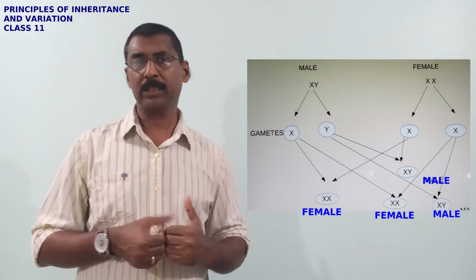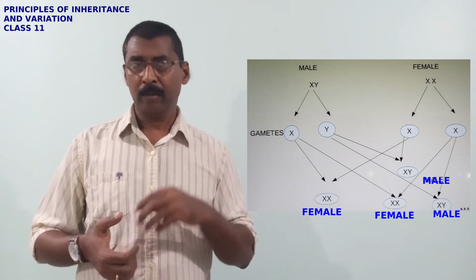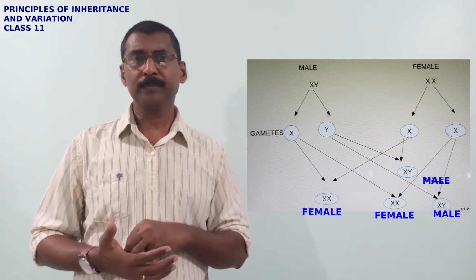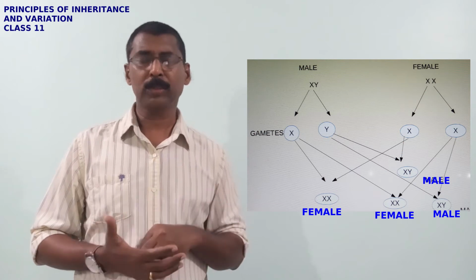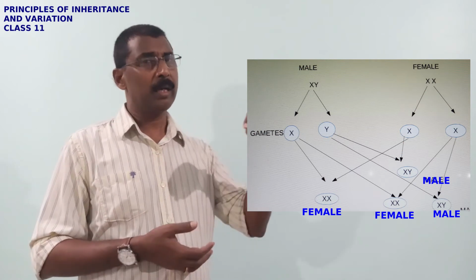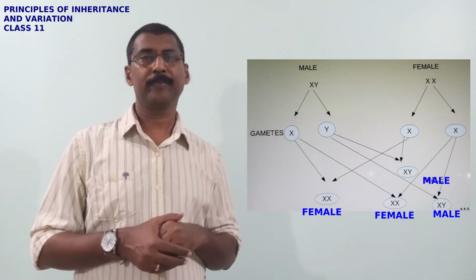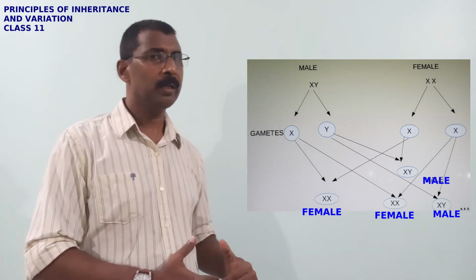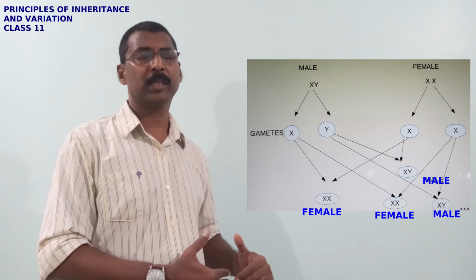And let us come to the fertilization. When an ovum, of course with X chromosome, fertilizes with a sperm with X chromosome, the zygote would be XX pattern.